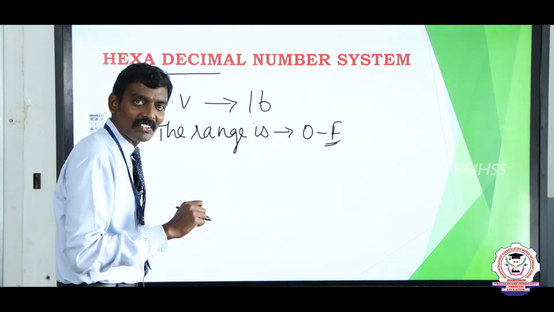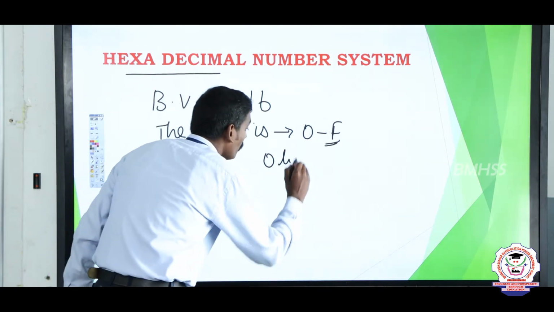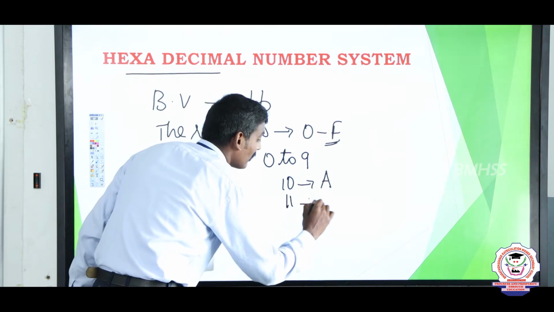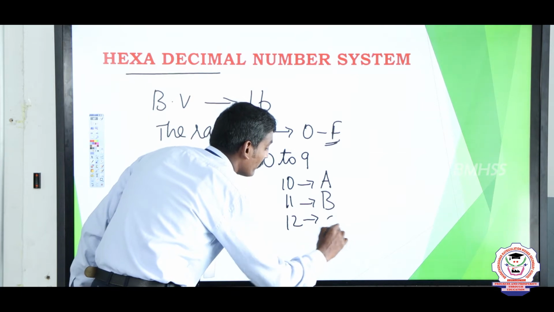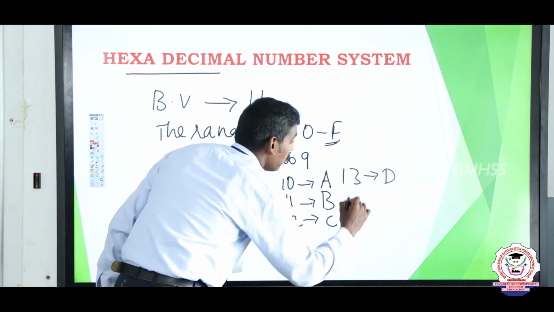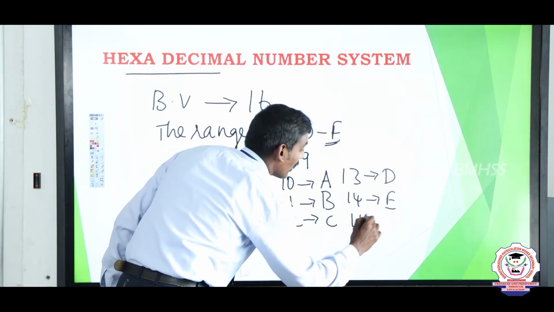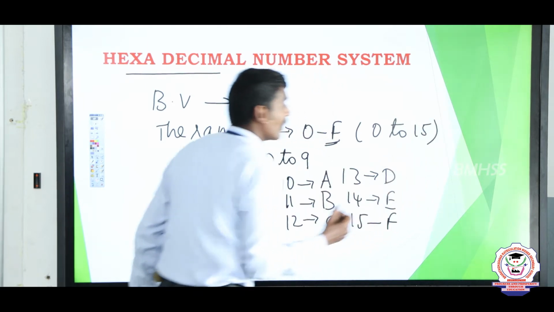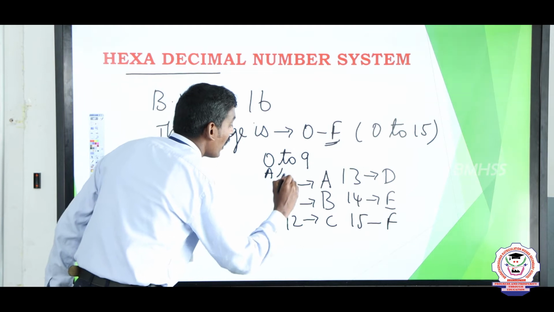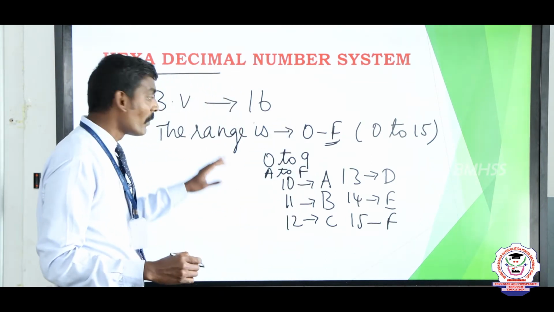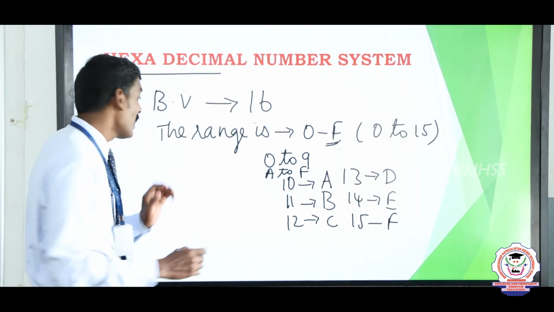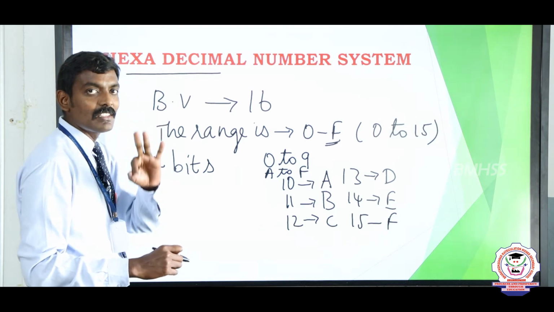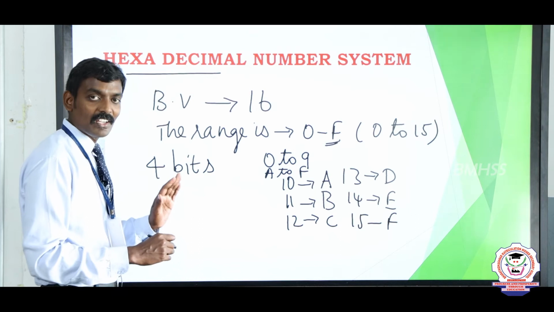Numeric values are represented as 0 to 9, and then the remaining: 10 is represented as A, 11 as B, 12 as C, 13 as D, 14 as E, and 15 as F. So 0 to 15 is the range of hexadecimal, denoted as 0 to 9 and A to F. With the help of this range, it can be represented in the computer using a 4-bit representation. Octal can be represented in 3 bits and hexadecimal in 4 bits. Are you clear, students?